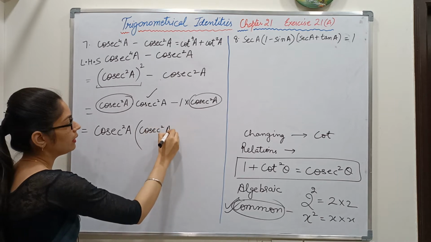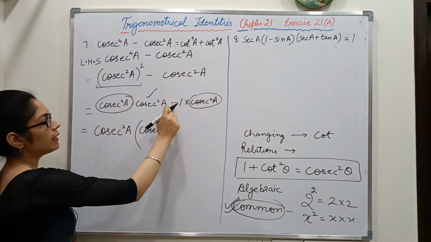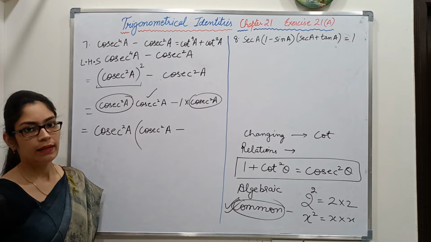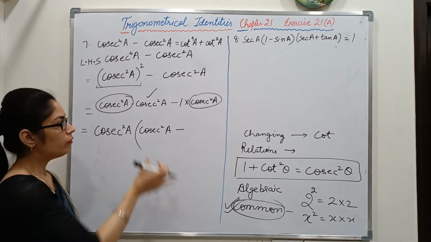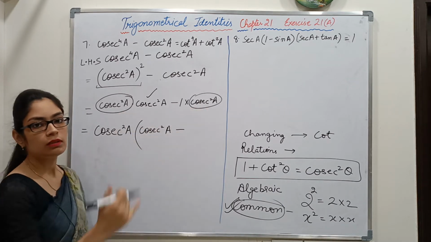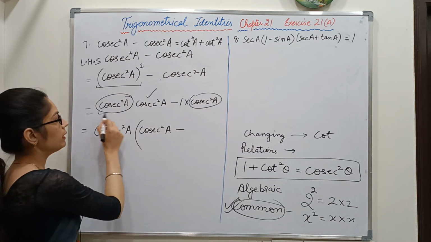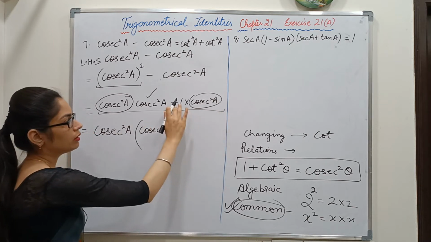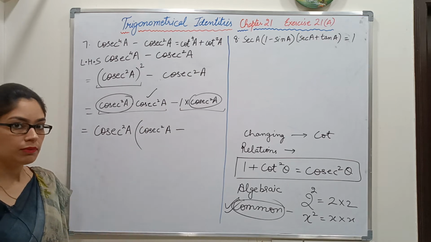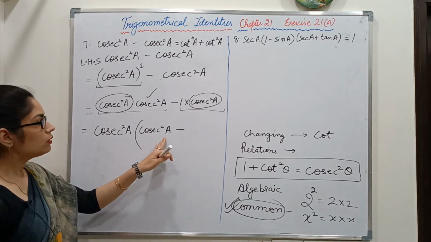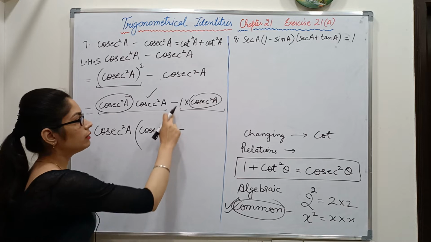Cosecant square A, minus sign as it is. Common we can take only if the expressions are separated by plus or minus. This is one expression, this is one expression, separated by minus. That is why we are taking common.